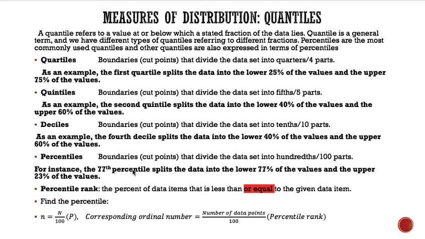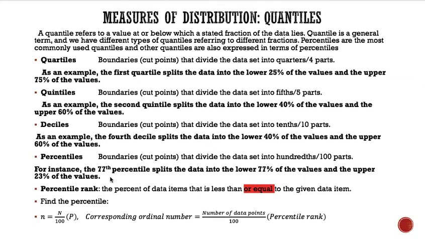This boundary splits the data into the lower 77% of the values and the upper 23% of the values.